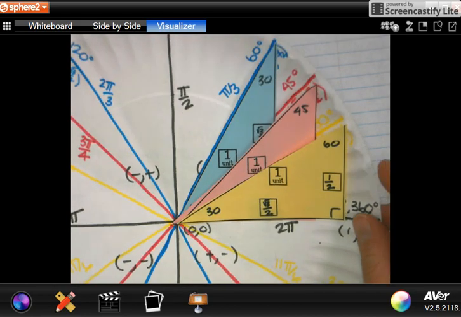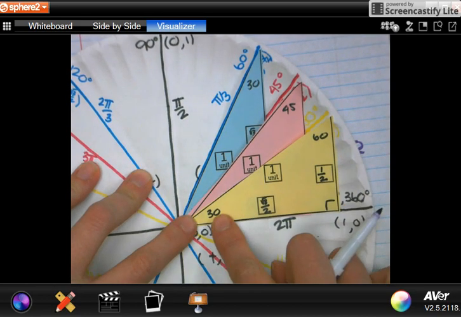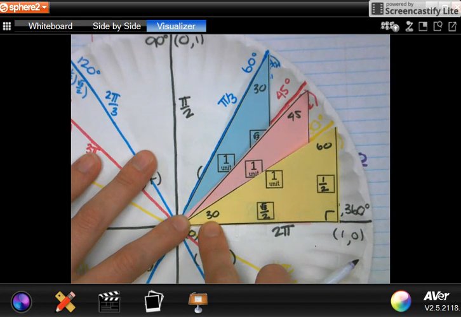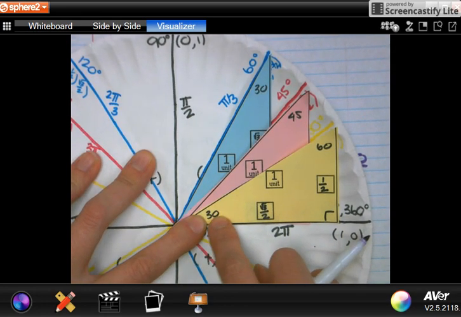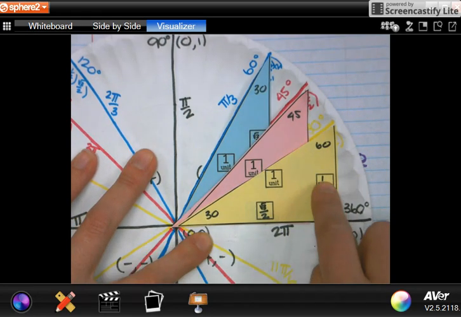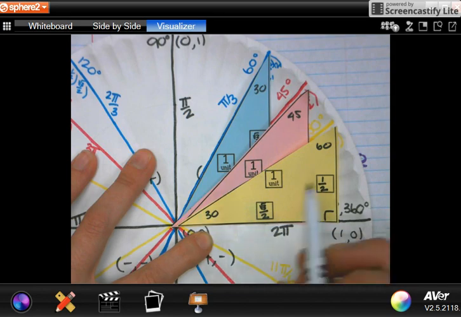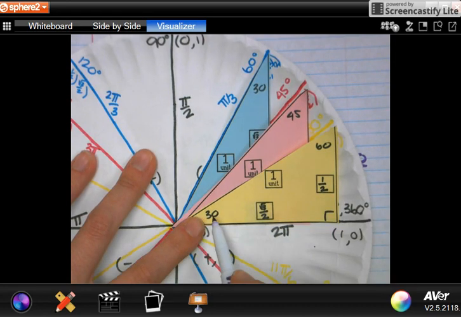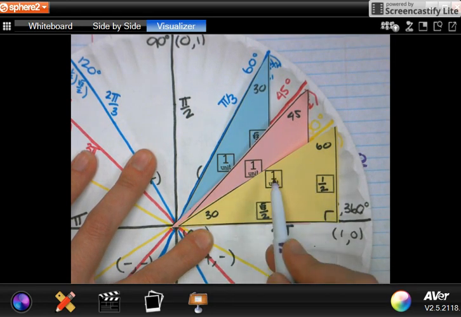So let's do a simple example. Take a look at this 30-degree triangle, the 30, 60, 90. We're going to talk about sine of 30. Sine, we know, is the opposite over hypotenuse, so in this case it would be 1/2 over 1. But now we're labeling them as x, y, and r, so sine is y over 1, 1/2 over 1.